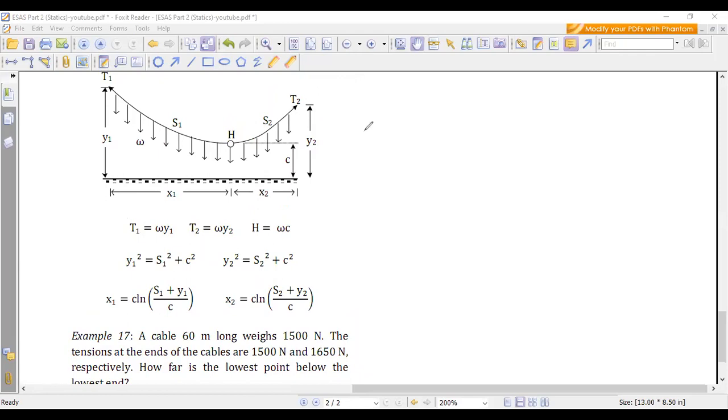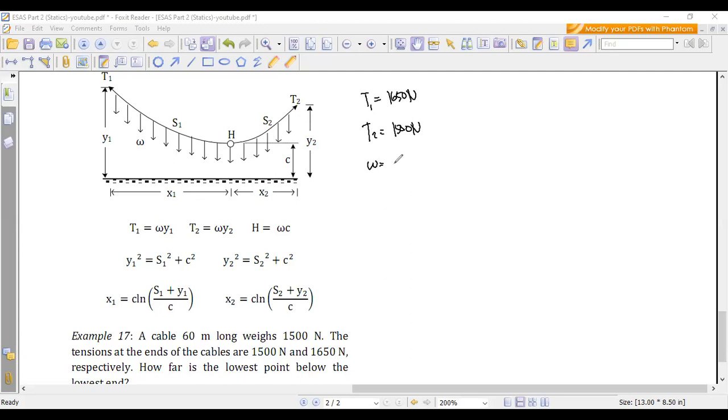According to the problem, T1, the tension at the highest point, is 1,650 Newton. T2, on the other hand, is 1,500 Newton. By formula, we can calculate omega, by the way.